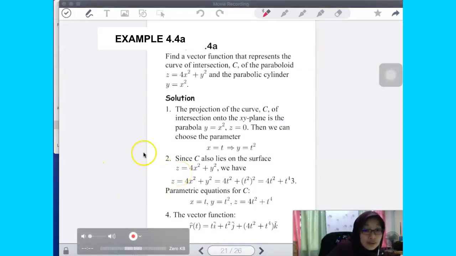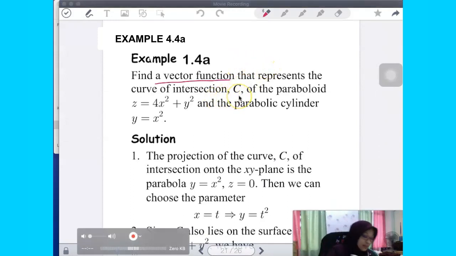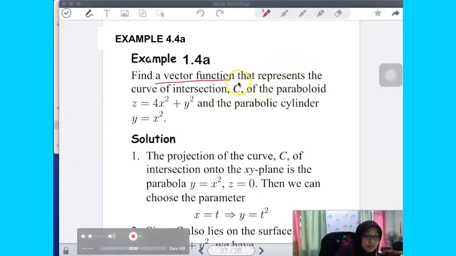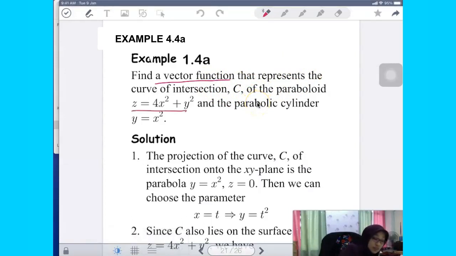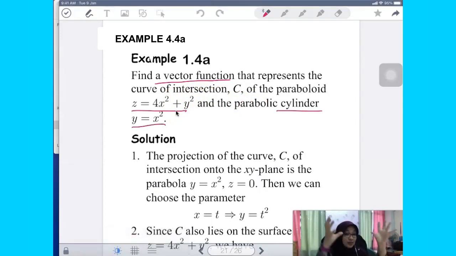Next, how about this one? Find a vector function. Now it is a bit different. You are not sketching, but you have to find a vector function which can represent the curve of intersection. You have a curve, and you have to find the vector function of that curve, whether in space or not, depending on the information provided here. You have two surfaces, a paraboloid and a cylinder, and you intersect them.